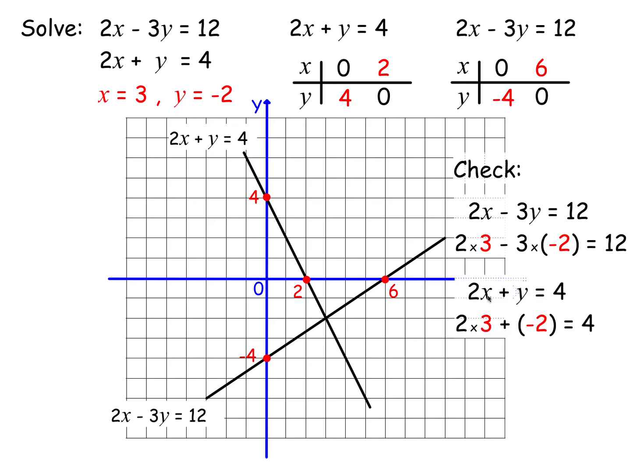Next one was 2x plus y equals 4, there's x 3, y negative 2, that's 6, add negative 2, well that does give you 4. So it works fine. So you can check the solution by substituting back into the original equations and making sure it works for both equations. So that's the graphical solution. You draw the two lines, you find where they intersect, and that's the x and y values for the solution.